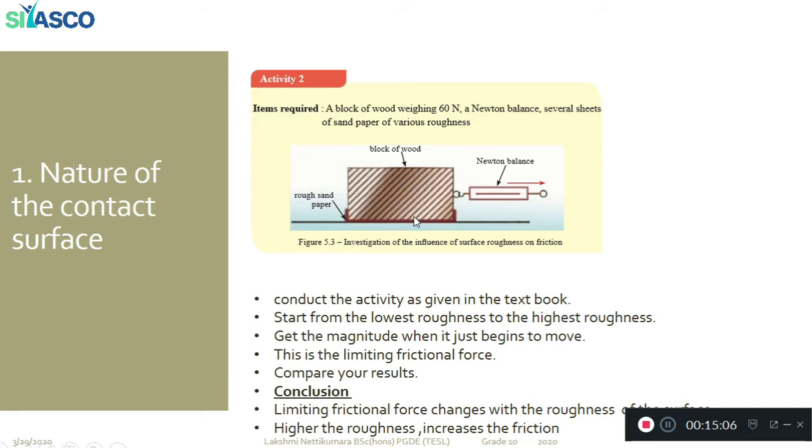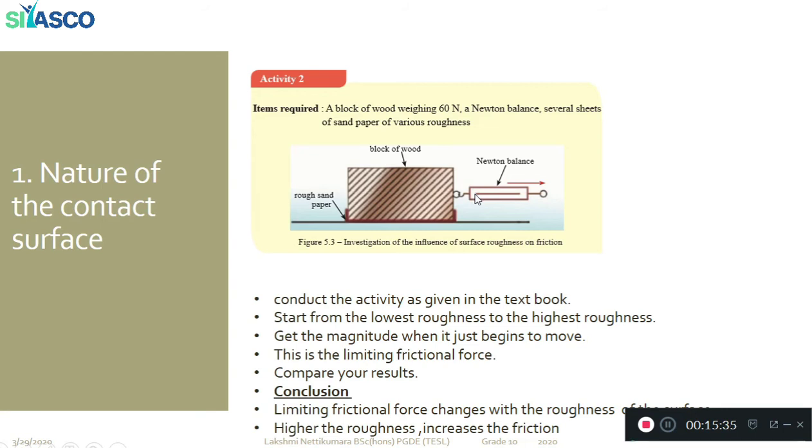Now you have to do the same activity by changing the sandpapers. The first one taken is the least rough, and likewise you have to increase the roughness of the sandpaper and get the value of the limiting frictional force by using the Newton balance. Now you can compare your results.